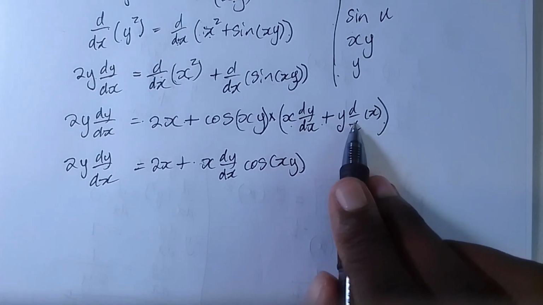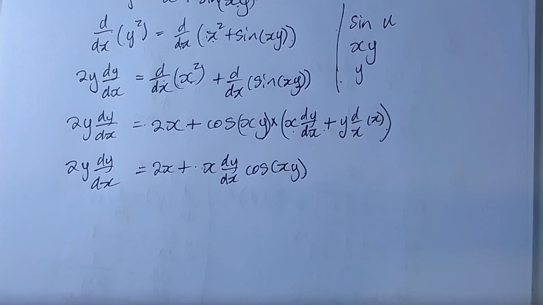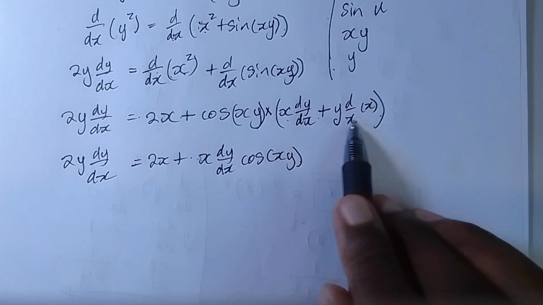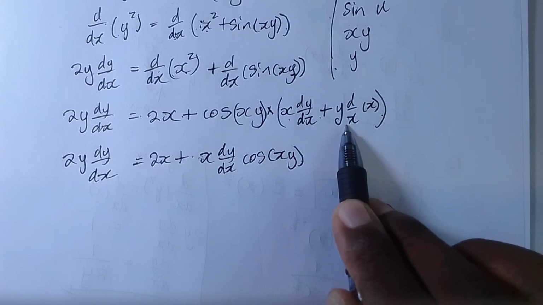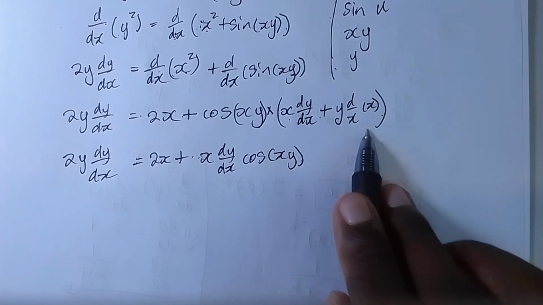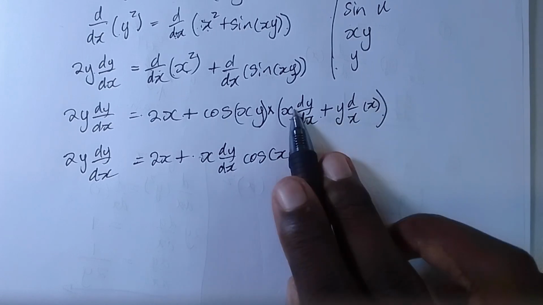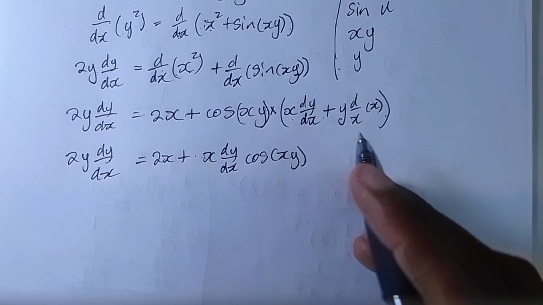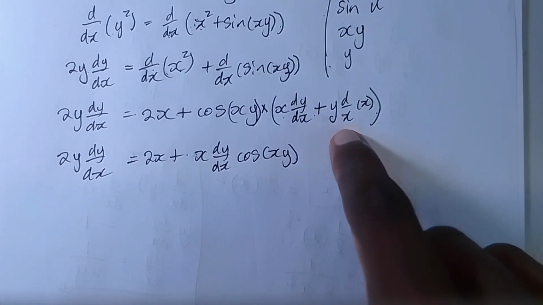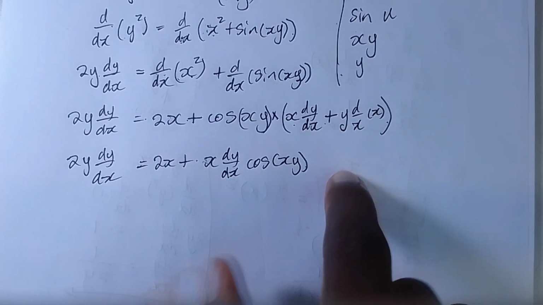And when it comes to this side, before we multiply by cos, we are looking for the derivative of x with respect to x. How is x changing with respect to x? That's 1, because they are both the same value for every value of x.